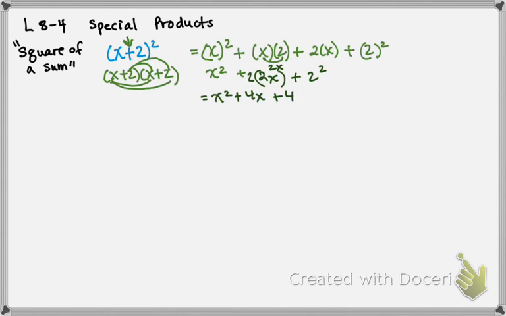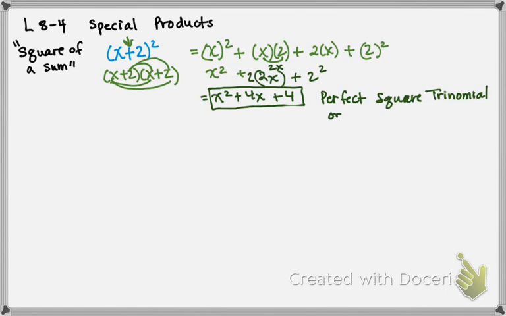So this answer, that's the result of squaring a binomial or multiplying a binomial by itself, is known as a perfect square trinomial, or a trinomial square.